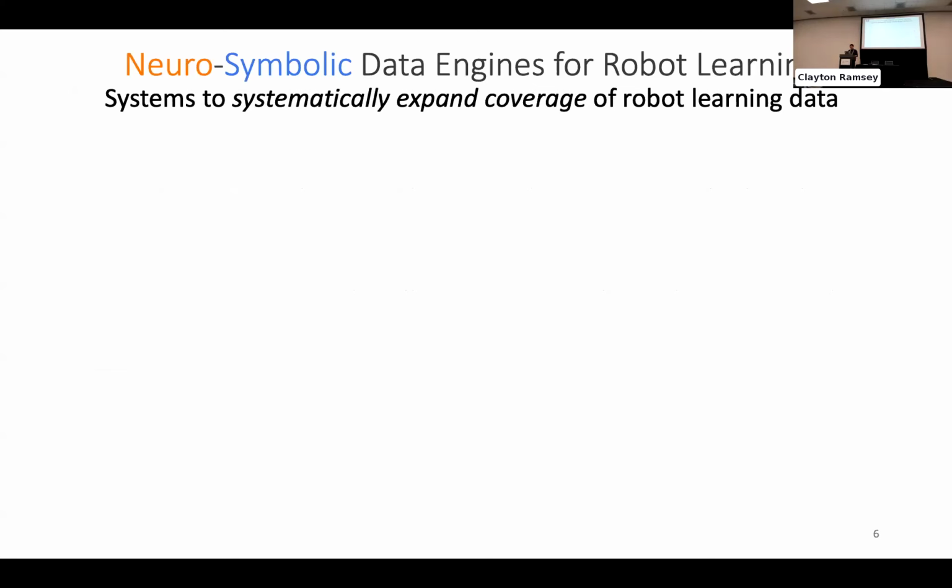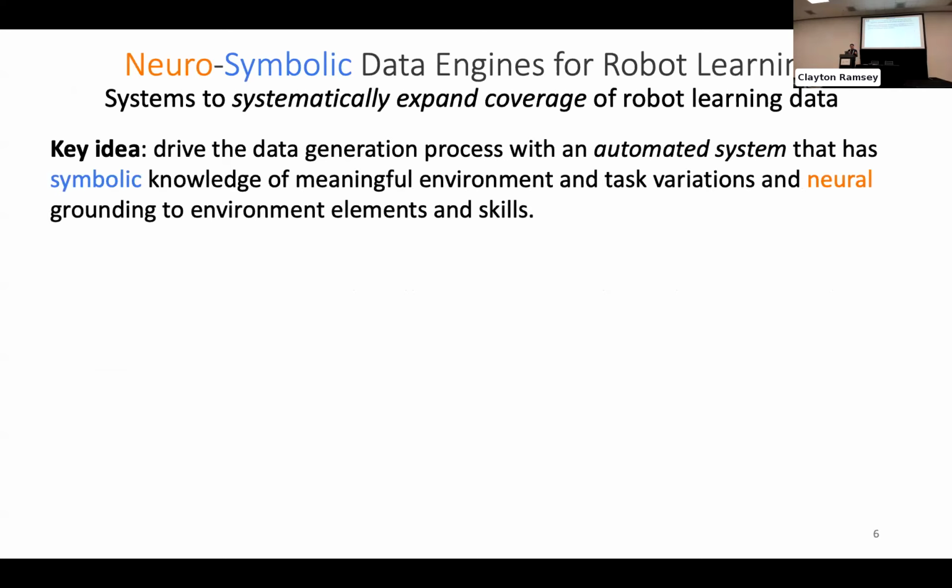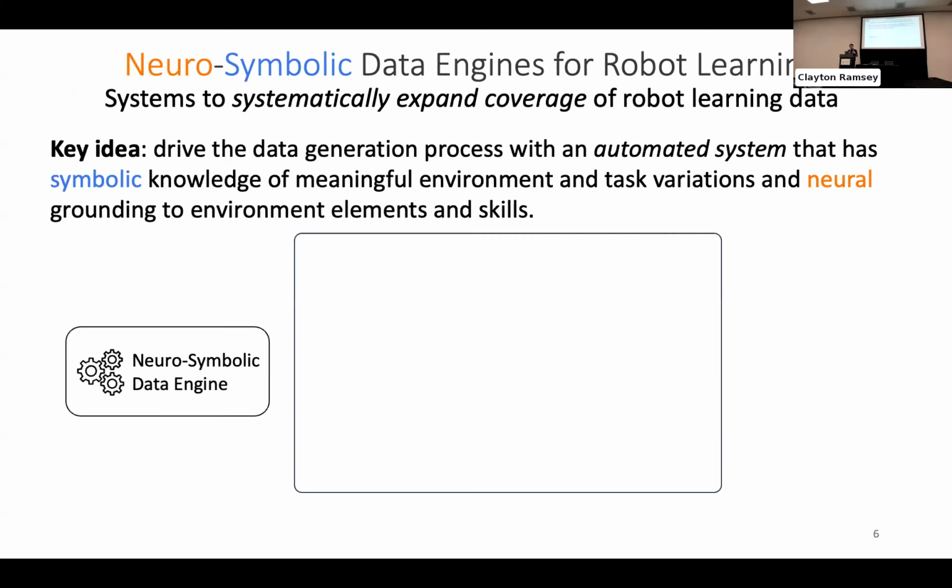It is a conceptual system I call the Neuro-Symbolic Data Engine. It's an autonomous system designed to manage data generation and systematically expand the coverage of robot learning data. The key idea is to integrate symbolic knowledge, such as tasks, environments, affordances, and causality, with neural grounding derived from environment interaction.